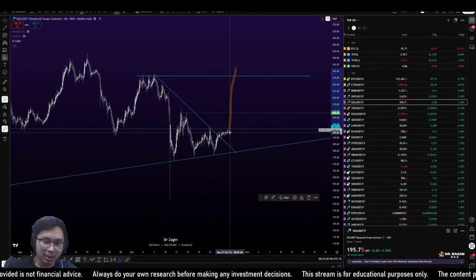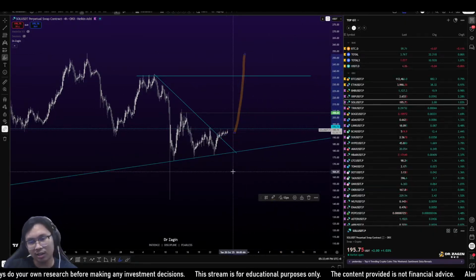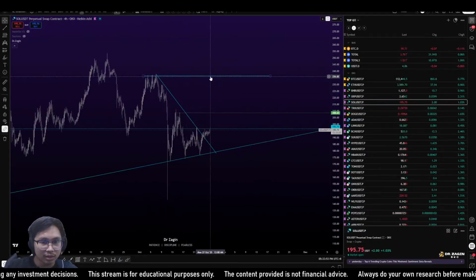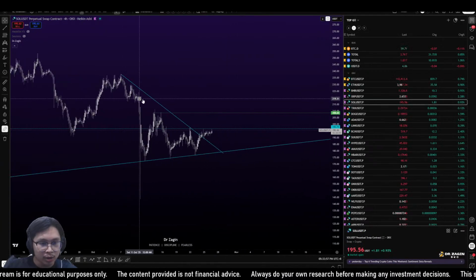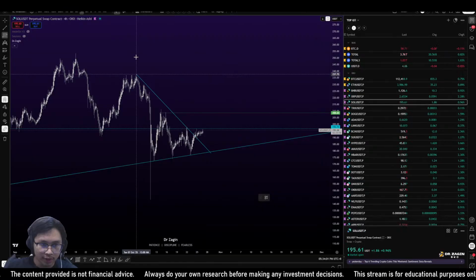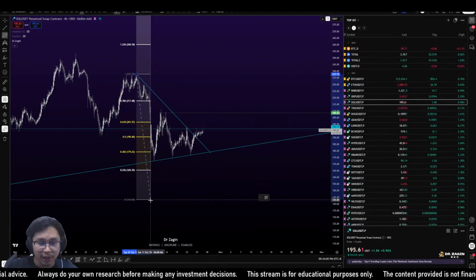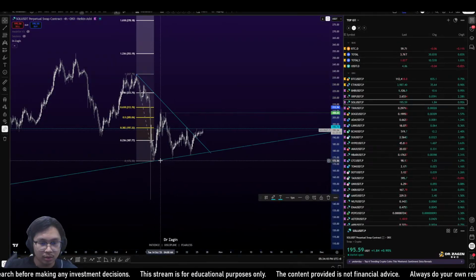Nah bro, market works like this, not like this, unless it's a meme coin. So let's validate why here. I wanna consult my fib, doesn't match. What if here? Nope.